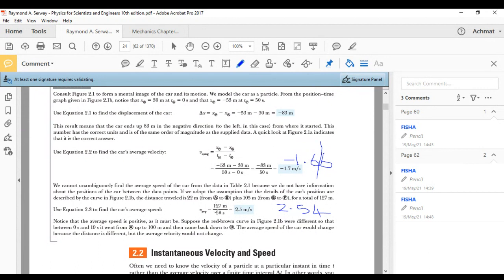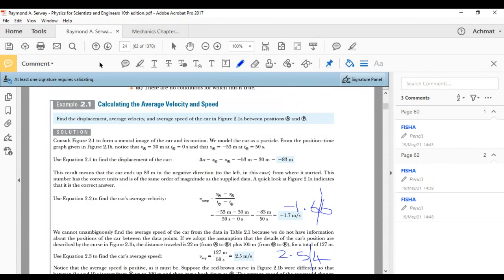So that one will have 3, this one will have 2, and therefore the answer must have 2 significant figures. The 4 needs to be dropped, and this is less than 5. That's why the answer is 2.5 meters per second. Okay, so that is example 2.1 from the textbook.